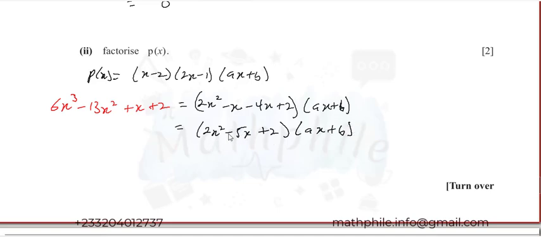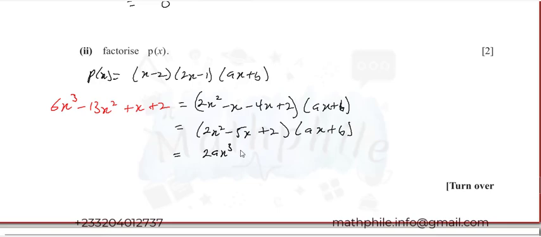Okay, let me cross check this to be sure. So x times 2x will give you 2x squared. X times negative 1 will give you negative x. Negative 2 times 2x will give you negative 4x, and negative 2 times negative 1 will give you a positive 2. Then if you multiply this 2, you get 2ax cubed.